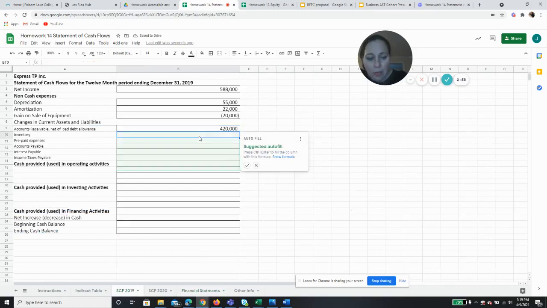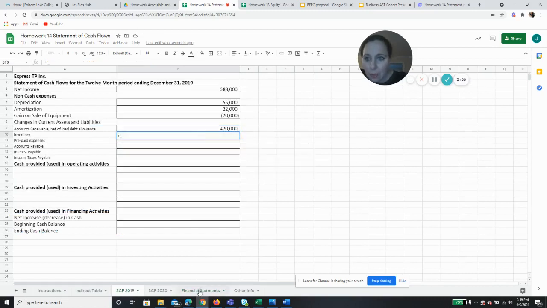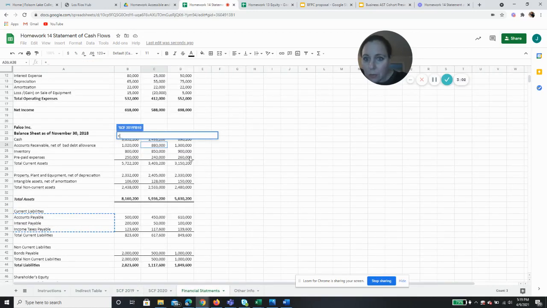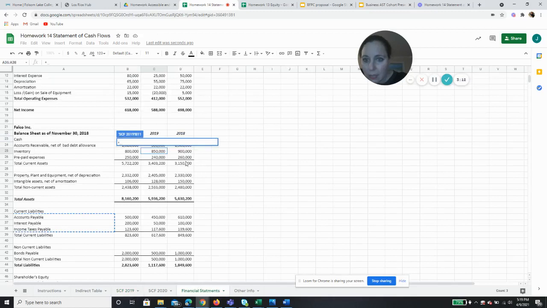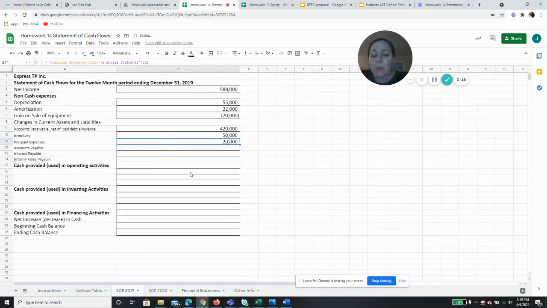And we'll do the same thing for inventory. We'll take 2018 minus 2019. And for prepaid expenses, 2018 minus 2019.